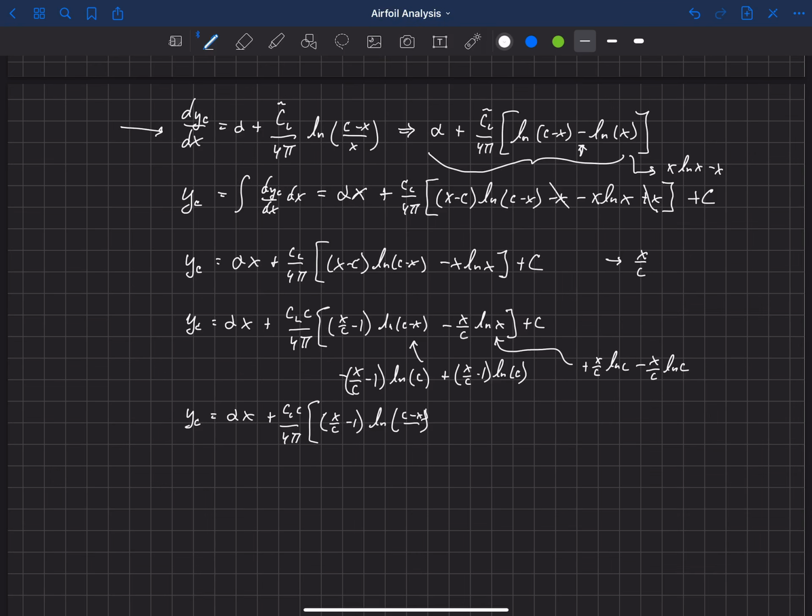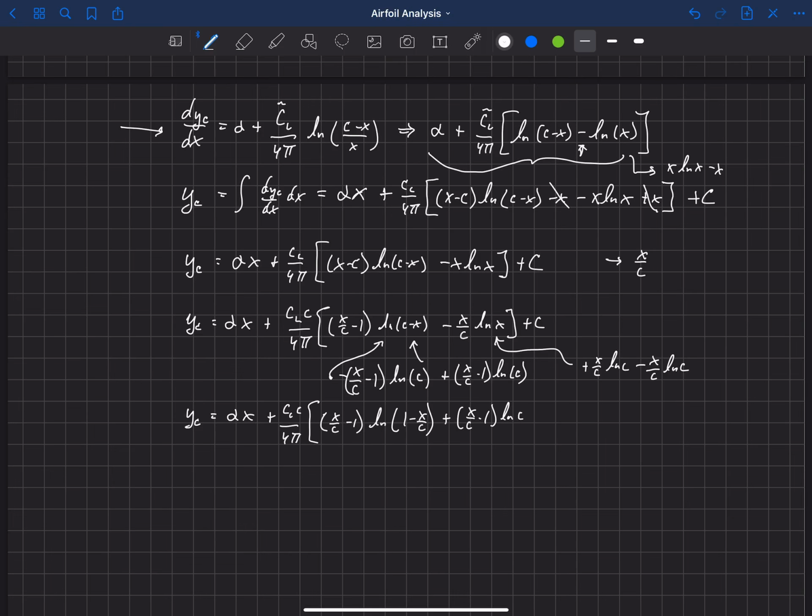Let me back up there. C minus x over c is just going to be 1 minus x over c. So that was a combination of this term and that term there. And then we're going to have a plus x over c minus 1 times the natural log of c. Okay, so that's that first term.